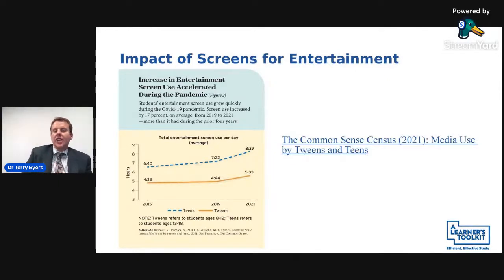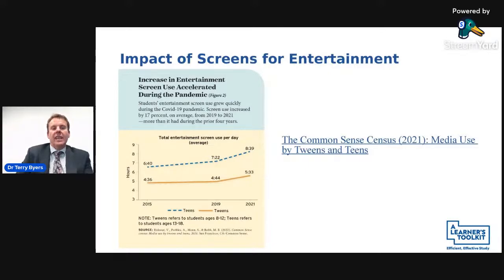So the challenge here is that if I'm in a room and I have my mobile phone and it's pinging all the time, even though it might be silent, even though the screen's off, it's sitting next to my computer or in my proximity, every time I hear a ding, automatically the student's attention leaves the space that we actually want to engage them in.